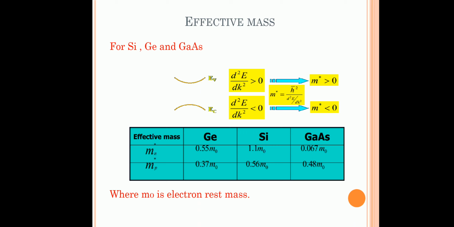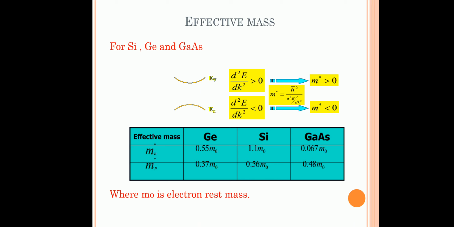So an electron at the conduction band minimum has positive effective mass, that means positive curvature, and at the valence band maximum has negative effective mass because of negative curvature. So we can say that valence band electrons with negative charge and negative mass move in an electric field in the same direction as holes with positive charge and positive mass.